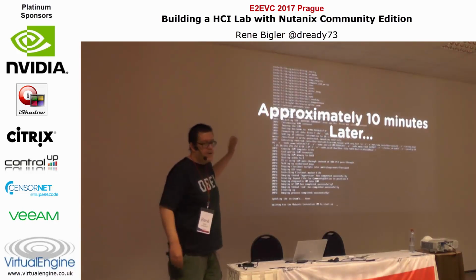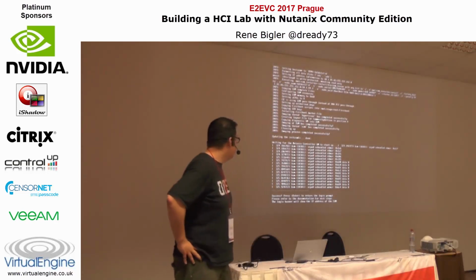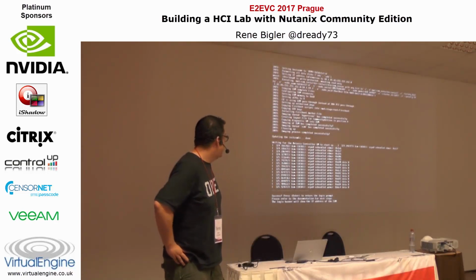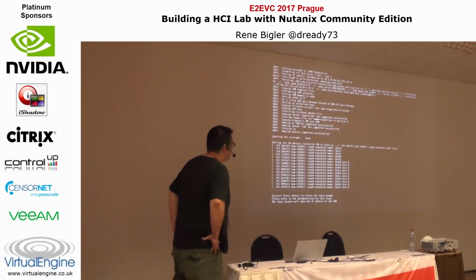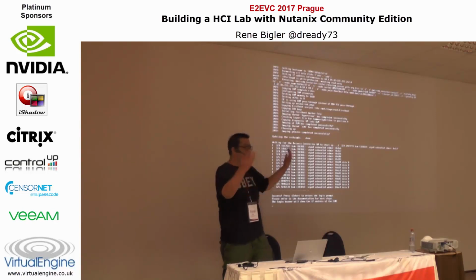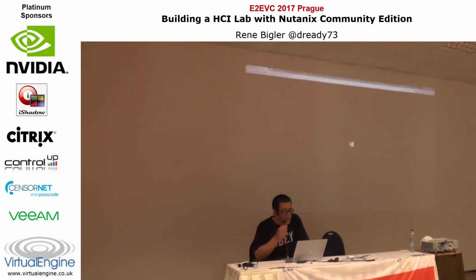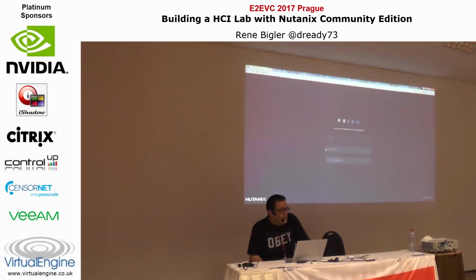So, depending on your hardware, maybe about 10 minutes until you're good to log in to the controller VM, and then you will get presented with this Prism management interface. On first logon, you have to change the default password and do the linking to your Nutanix account.